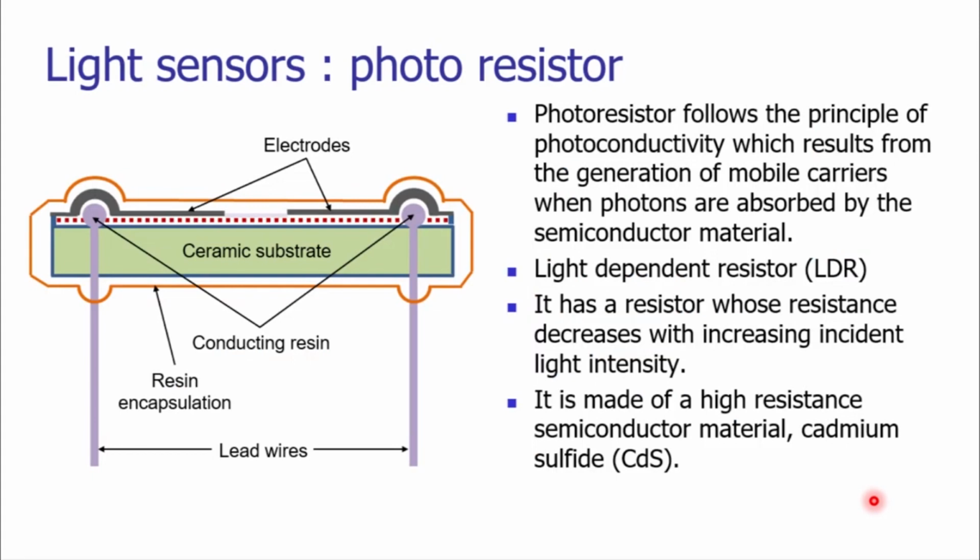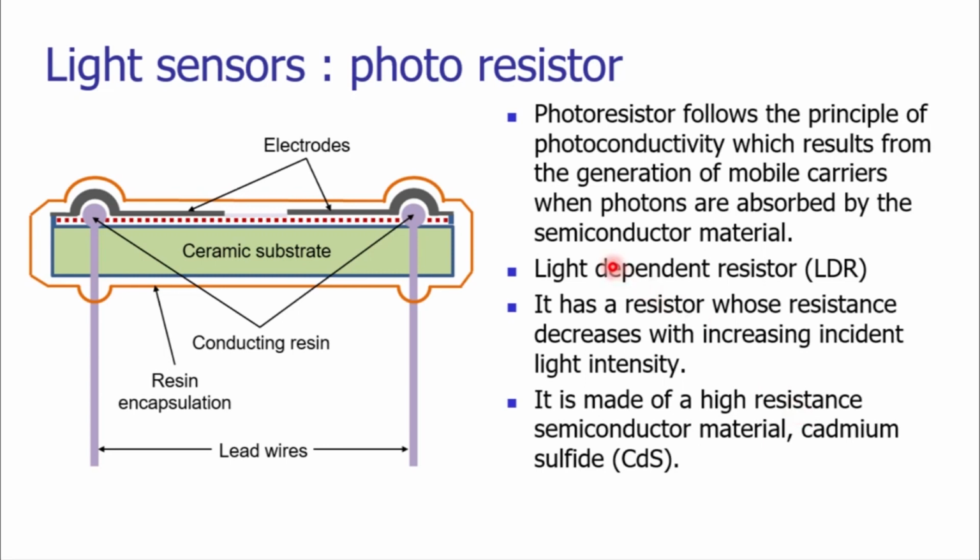We also require to sense light in automation. So for that purpose, we are using photoresistors. The photoresistor follows the principle of photoconductivity. In photoconductivity, there is generation of mobile carriers when photons are absorbed by semiconductor materials.